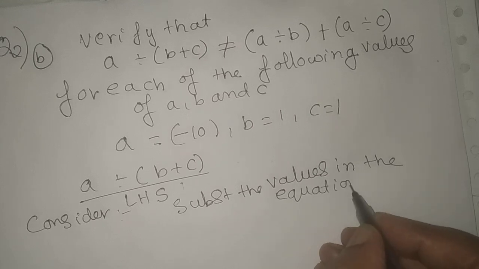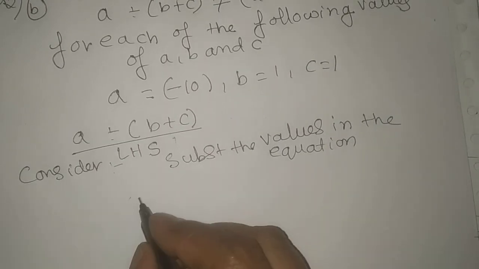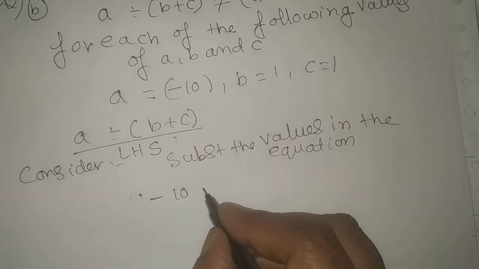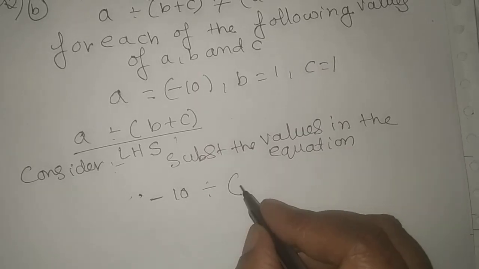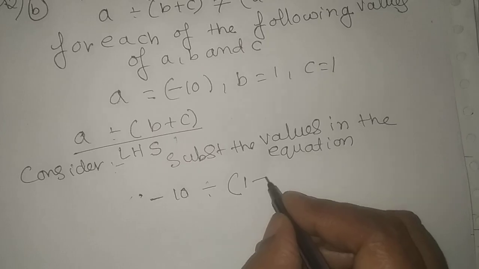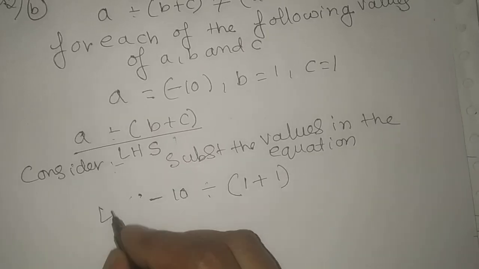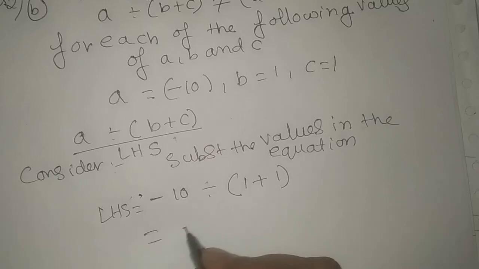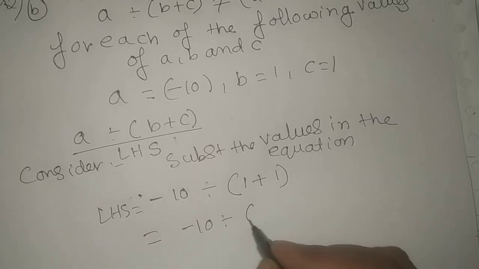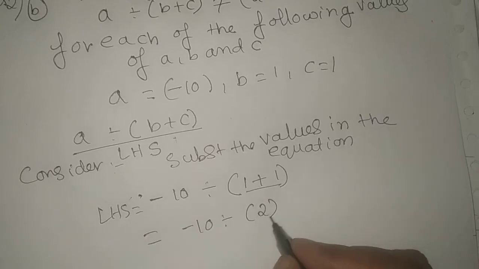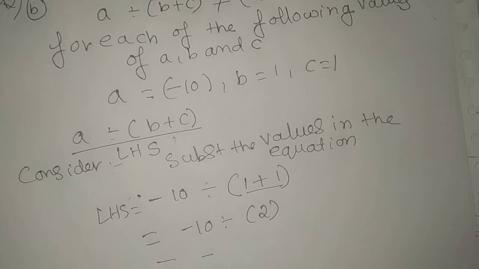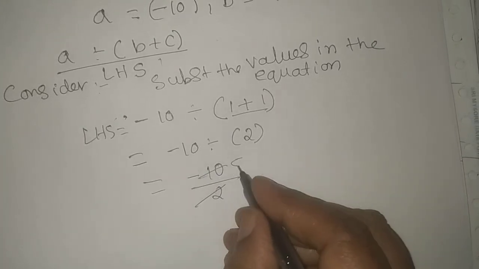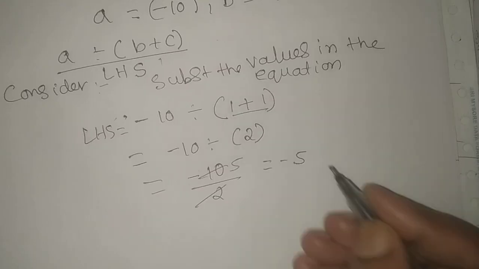What are the values? A is minus 10 divided by (B is 1 and C is 1). LHS is equal to minus 10 divided by 2. Then minus 10 by 2 will become 2 fives are 10, so the answer is minus 5.